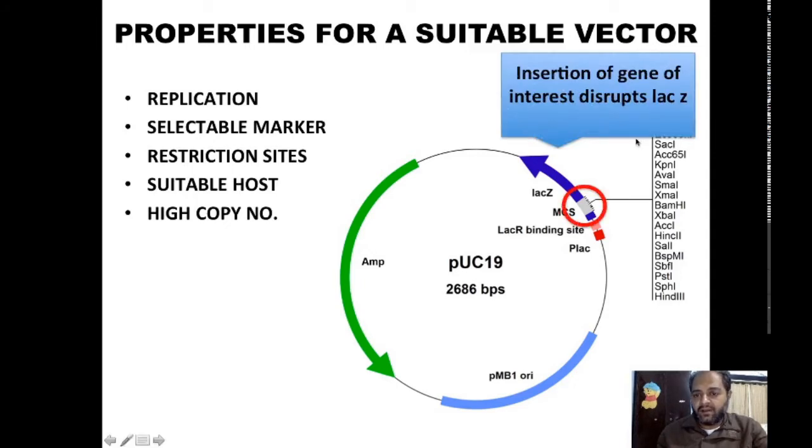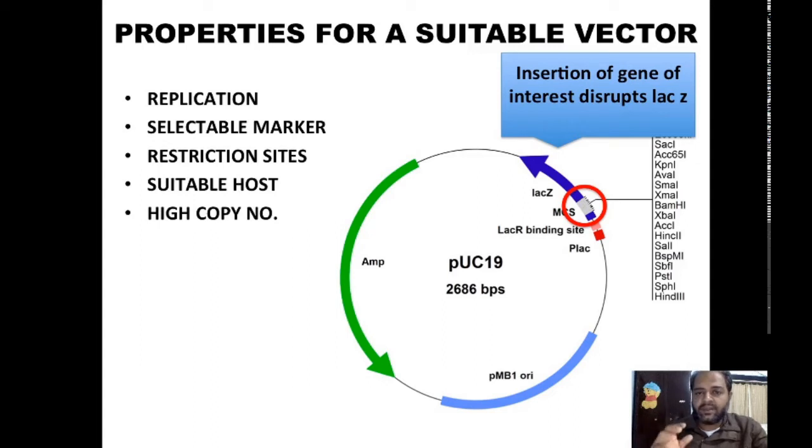Now, if we insert a particular gene of interest at this MCS, then this lacZ gene gets disrupted. Because of the disruption of lacZ, a functional polypeptide will not be produced.